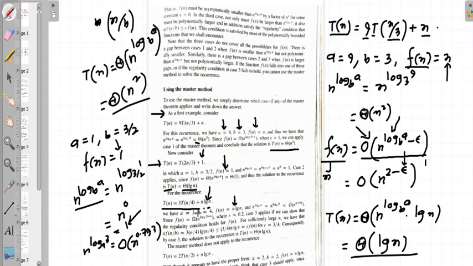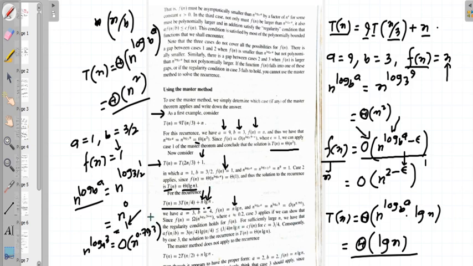Even if I am taking f(n) as n, we can say this is happening because n power log 3 base 4 is n power 0.793, and plus epsilon, which will be greater than 0, we can still add something like 0.2. So epsilon will be like that, and we can say that f(n) is omega n power log 3 base 4 plus epsilon, and this log n is also there.